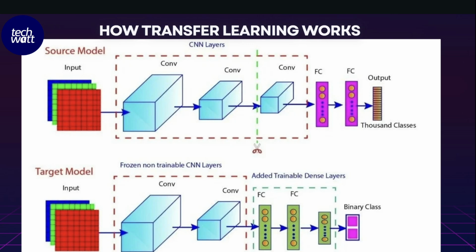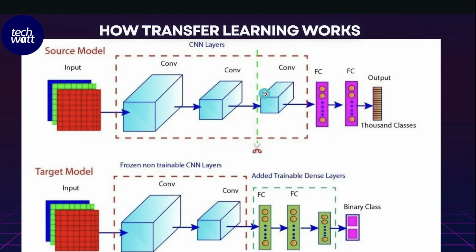So now let's actually look at how transfer learning really works. From this diagram, you can see we have two sections, the source model and the target model. So the source model here is the pre-trained model we are trying to use to do our transfer learning. And from this pre-trained model, you can see we have different layers. We have three different convolutional layers.